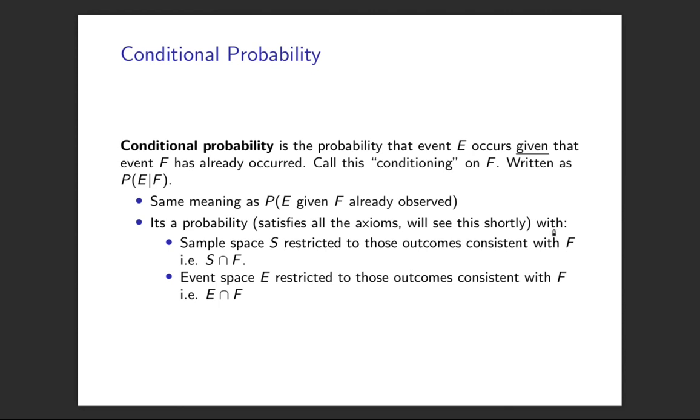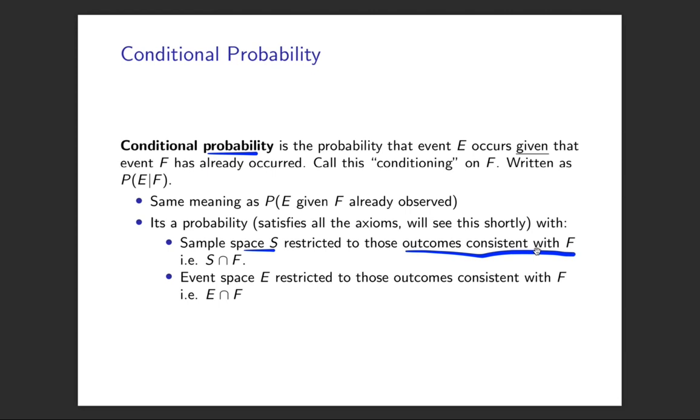Now, the first thing to note is that it's a probability, right? So essentially, if you saw how we calculated it, what we did was we took our sample space S, and then we considered the subset of it that was consistent with F, with the event that we've assumed has happened, like the first dice was a 2.